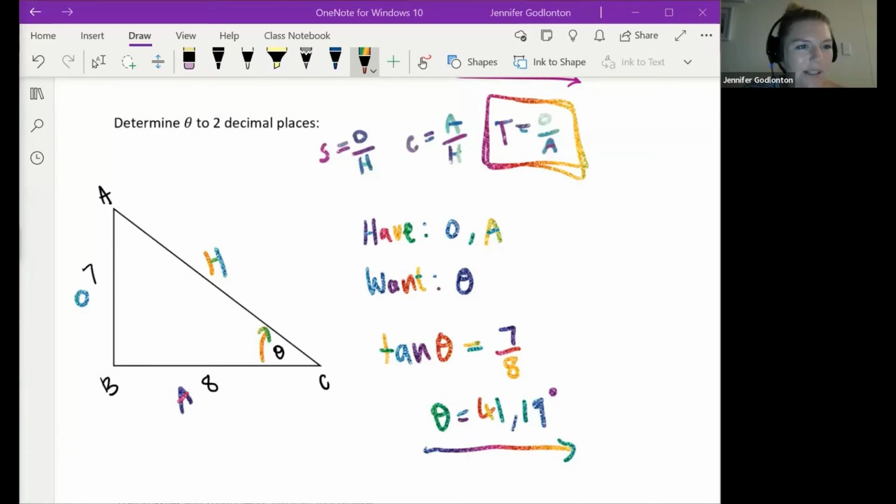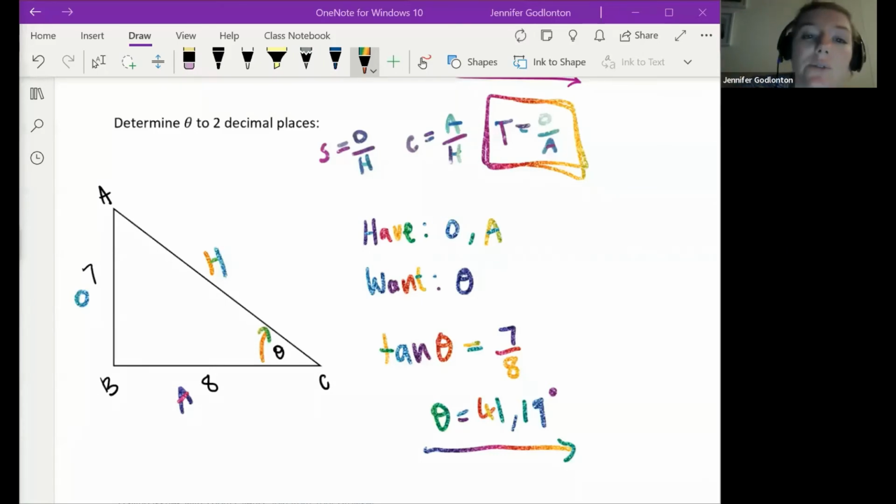Do I have any other questions here? Monica, is that a question? Yes, ma'am. Can I please ask? Of course. Ma'am, since the answer is 1,9, doesn't the 9 also change the 1 to a 2? No, it would if in the question they wanted it to 1 decimal place, then it would be 41,2.